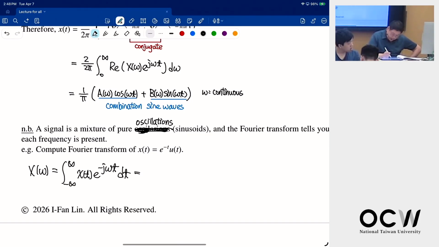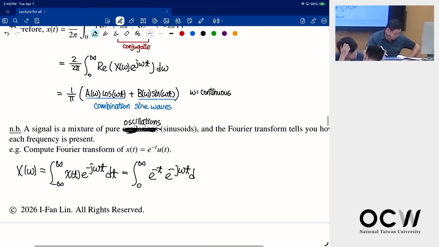And for the signal, that's the unit step function, so I only integrate from 0 to infinity. e to the minus t times e to the minus j omega t dt. You get 1 divided by 1 plus j omega.